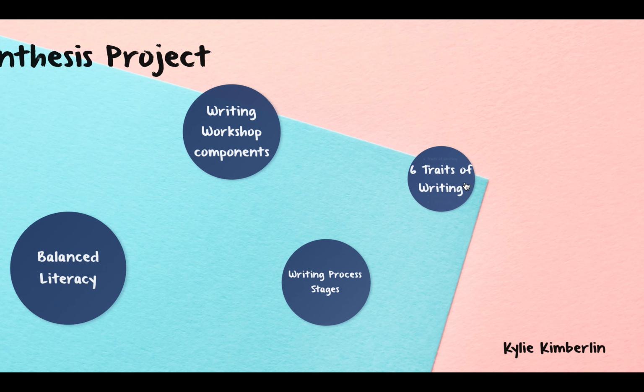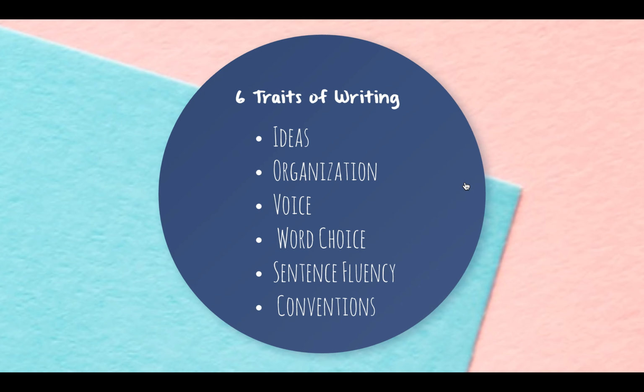Next, last but not least, I will be discussing the 6 traits of writing. So we have ideas, organization, voice, word choice, sentence fluency, and conventions. So ideas, as we all know, is just giving them or having them give us a sense of what the direction is they want to go towards, or what in their mind is coming up.